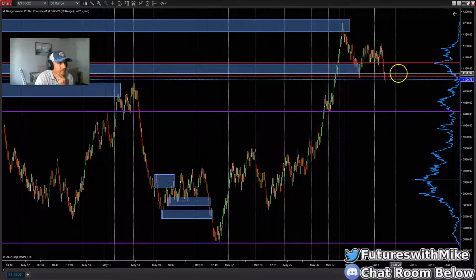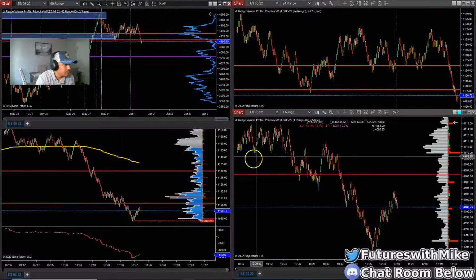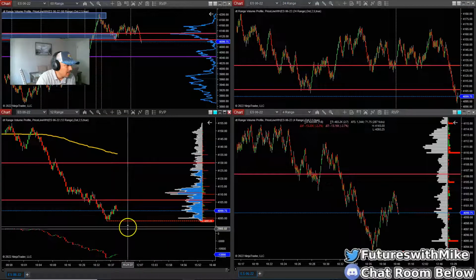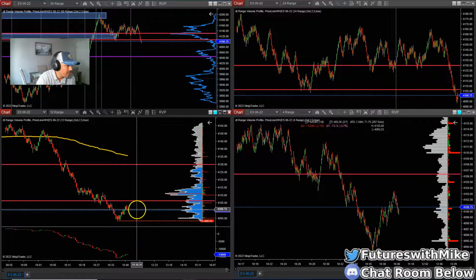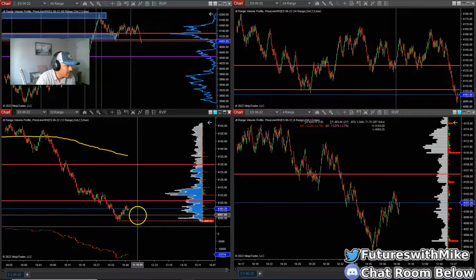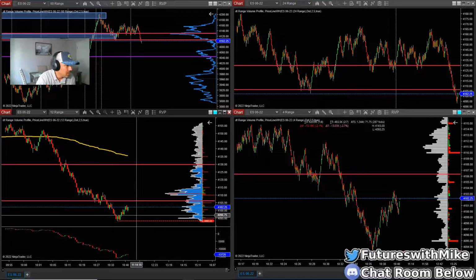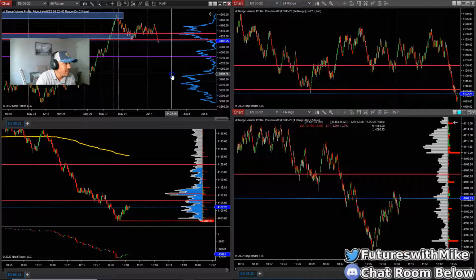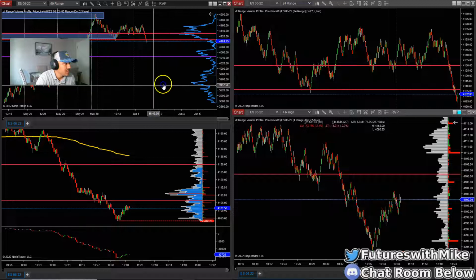I'm looking to see if price maybe will come down to a little lower, maybe around 40.95. It could just break higher though, but like I said, this is a major area of resistance off of the 60 range chart.